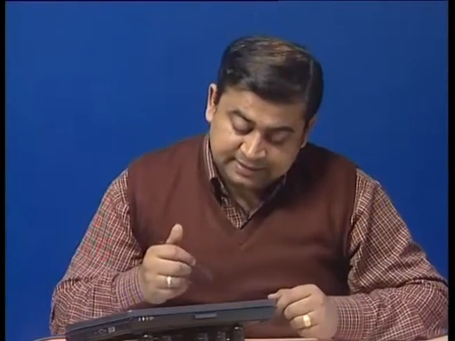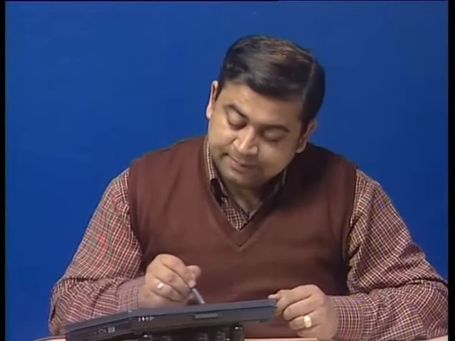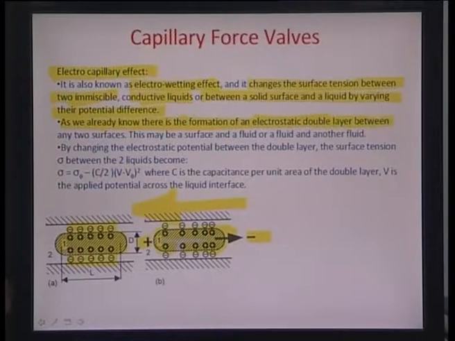Okay, so what will happen here is that, as we already know, there is a formation of an electrostatic double layer between any two surfaces. This may be a surface of a fluid and another fluid, or a fluid and a surface, and if you change the electrostatic potential between the double layers, the surface tension between the two liquids would become sigma new, which is equal to sigma old minus the amount of capacitive energy that you are pumping into the system, half C times (V minus V0) squared.